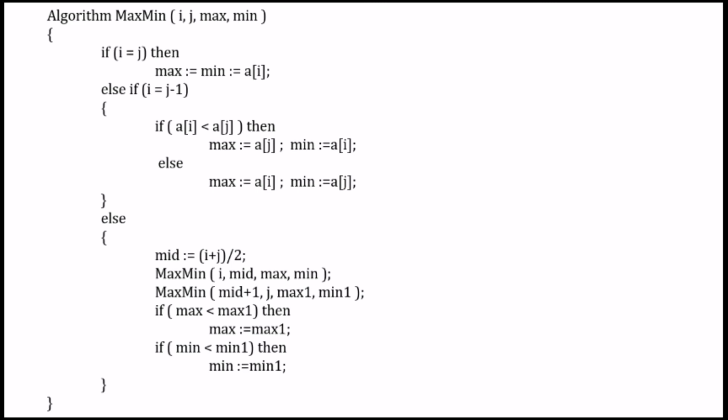Actually, here it should be if min is greater than min1. So in this way, by using the divide and conquer strategy, we can solve this problem, that is, find the maximum and minimum value.